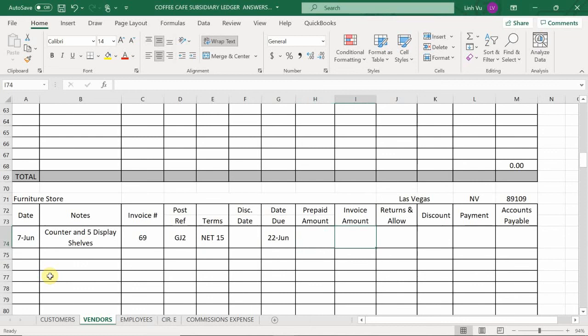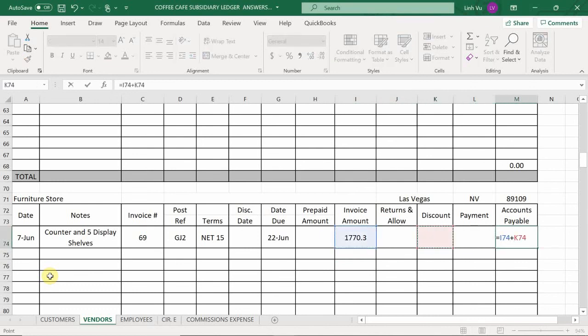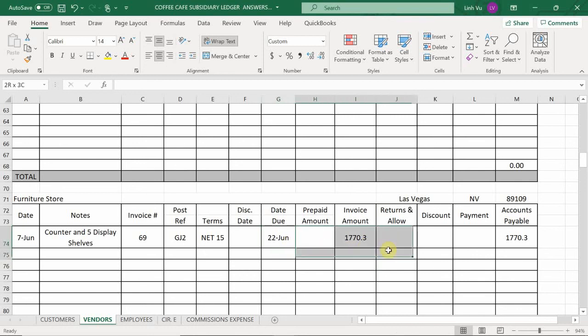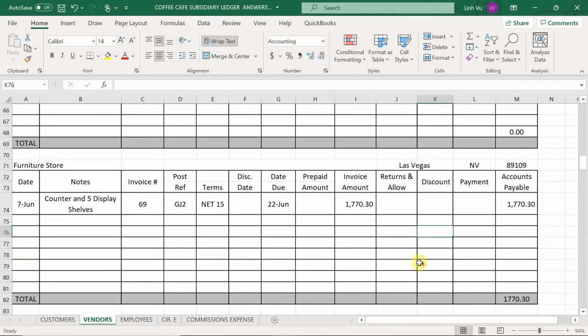How much were we being billed for? 1,775. No discounts, no payments, no returns. So therefore, I owe a total of $1,770.30.